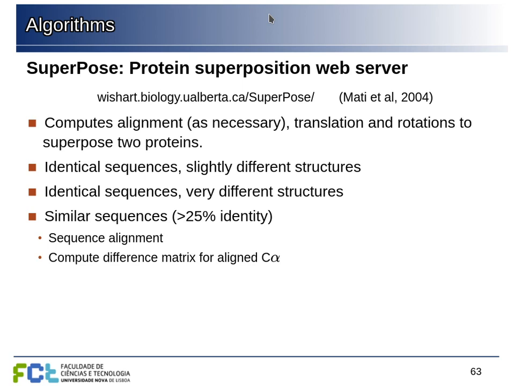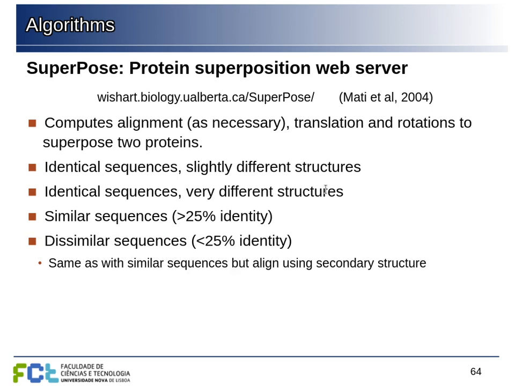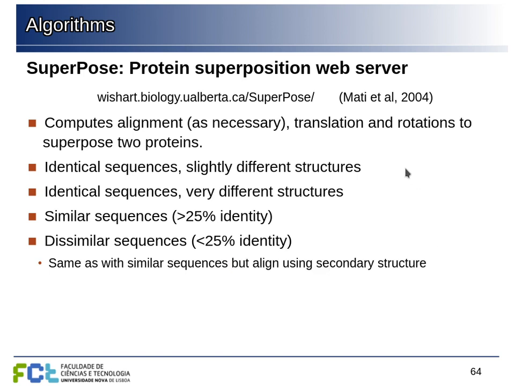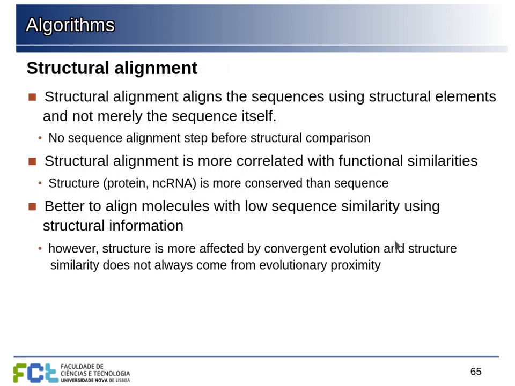If there is a good sequence similarity, then it does sequence alignment first and minimizes the RMSD. If the sequences are very dissimilar, then it tries to align using secondary structure. So instead of using the actual sequence of amino acid residues, it looks at the sequence of secondary structure along the protein chain and uses that to align. But in this case, the alignment may be rather poor if the sequences are very different.